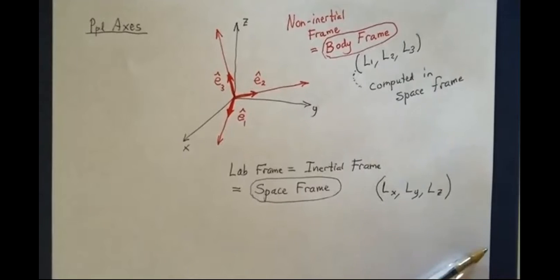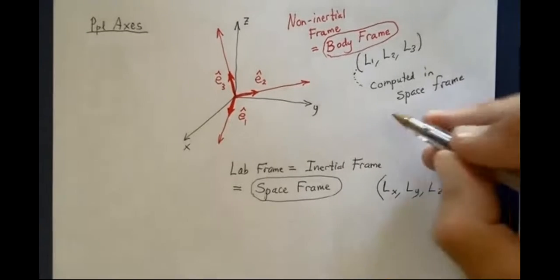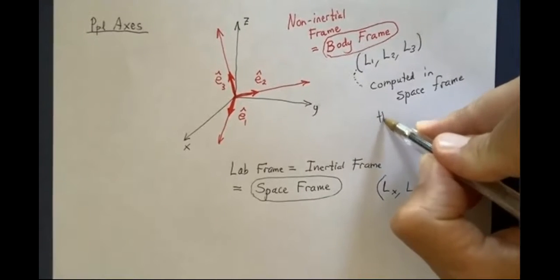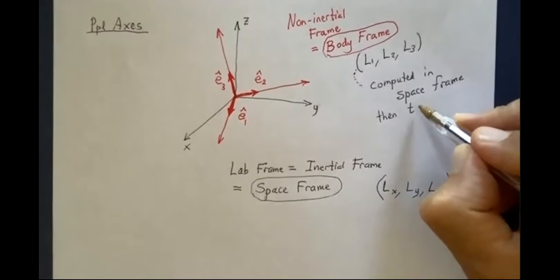Okay. So you can think of it as a 2-step process. We compute the angular momentum in the space frame, and then we transform. So then transformed.